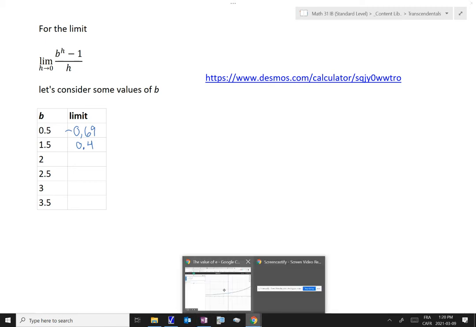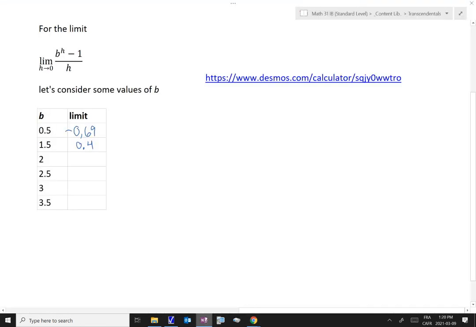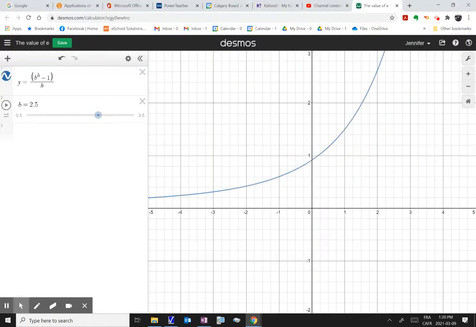All right, so moving on, when b equals 2, again, it's going to be undefined at that value, but when x is close, we're at about 0.69-ish again, so positive 0.69. And let's look at 2.5. We'll kind of rush through these ones a little bit. For 2.5, our limit is going to be about 0.9.